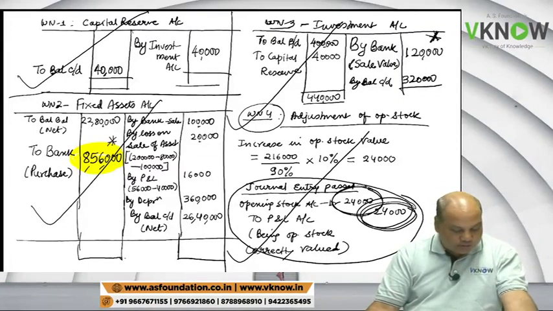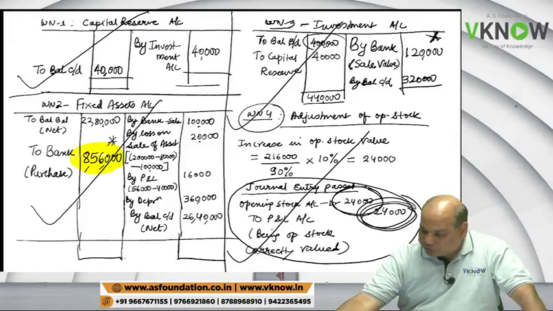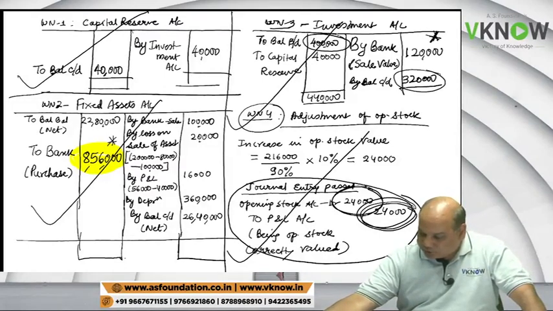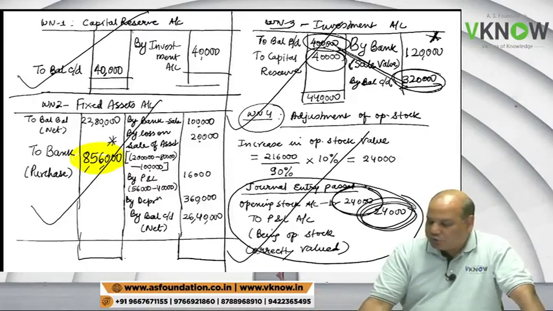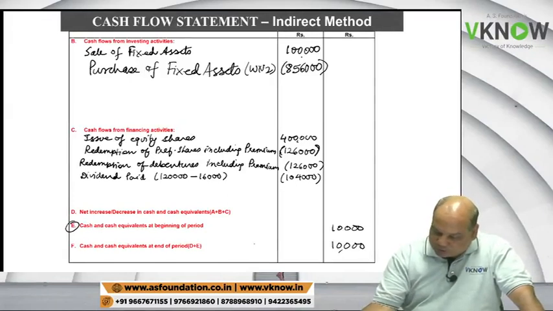Company sold some investment at a profit of 40,000. So if you look at the figures, 4 lakh is here, 3,20,000 is here. Difference is 80 and plus 40. So total sale value is 1,20,000.